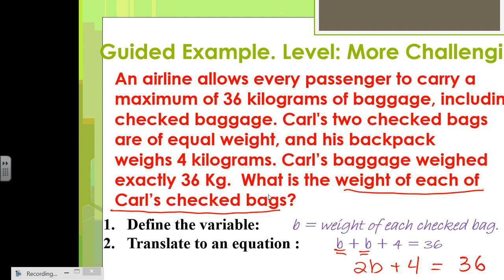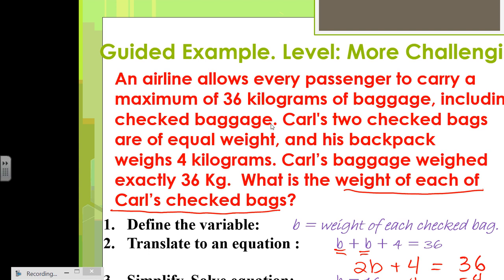So if you had to model this on your desk, I know we didn't have B blocks to model, but we would have an X plus another X plus 4 extra results in 36 on the other side. Then you'd have to solve by subtracting the 4 and then dividing by 2. 2B is equal to 32 in this case, and B is equal to 16. And what does that mean? Well, that means each of his bags weighed 16 kilos, kg as abbreviated.